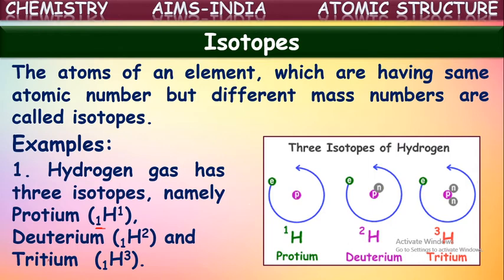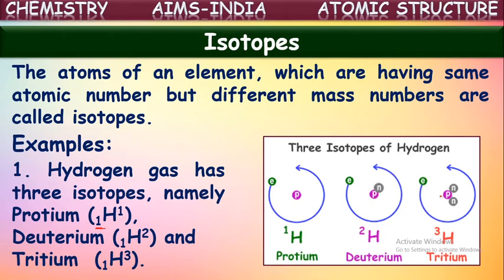Okay. If we go to tritium, the atomic number is 1, but the mass number is 3. That means it has 2 neutrons, whereas only one proton. For all of these, the number of protons is the same, which means the atomic number is the same. But the number of neutrons varies, hence they have different mass numbers.